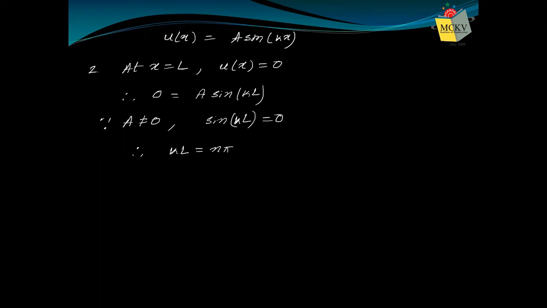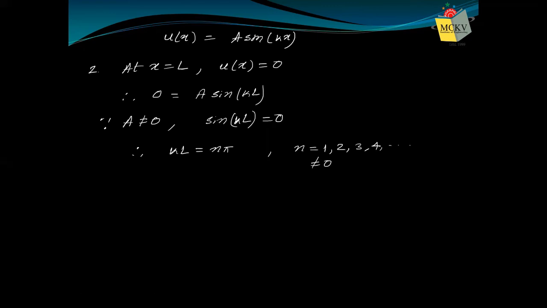But this is not about mathematics only. Mathematics is our tool. But as an engineer, you need to think logically and physically, whether it is possible or not. And with that possibility, I am saying n equals 1, 2, 3, 4, etc., not equal to 0.